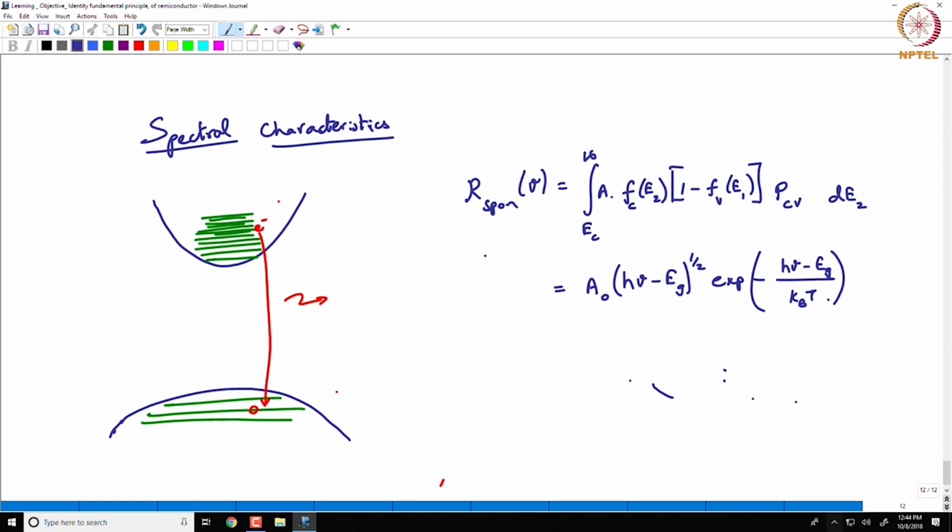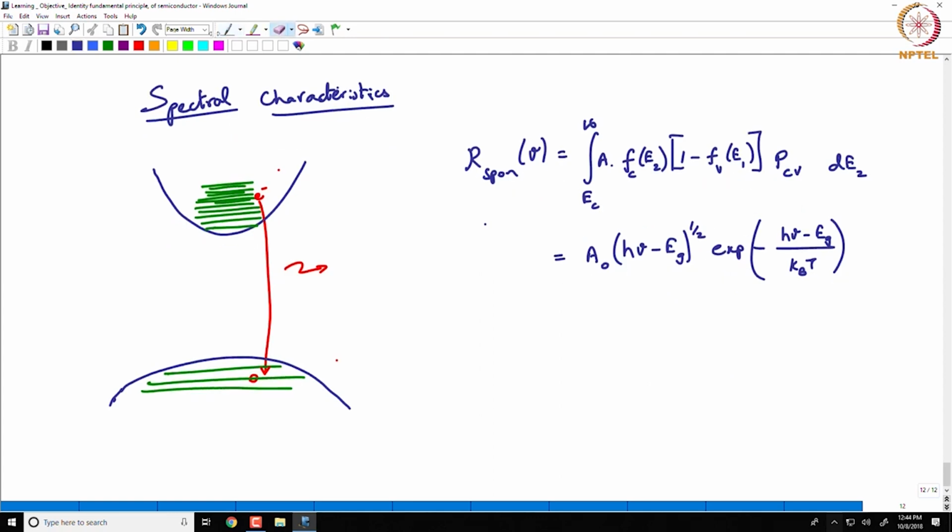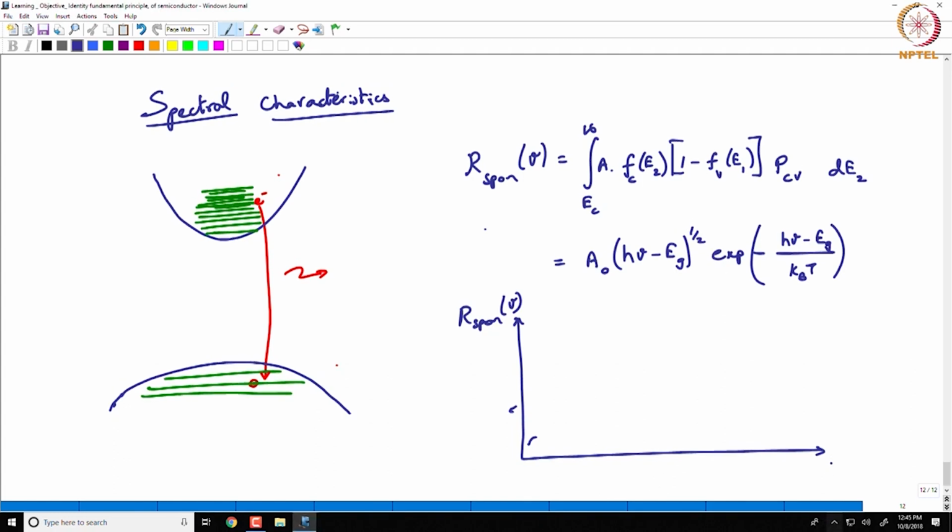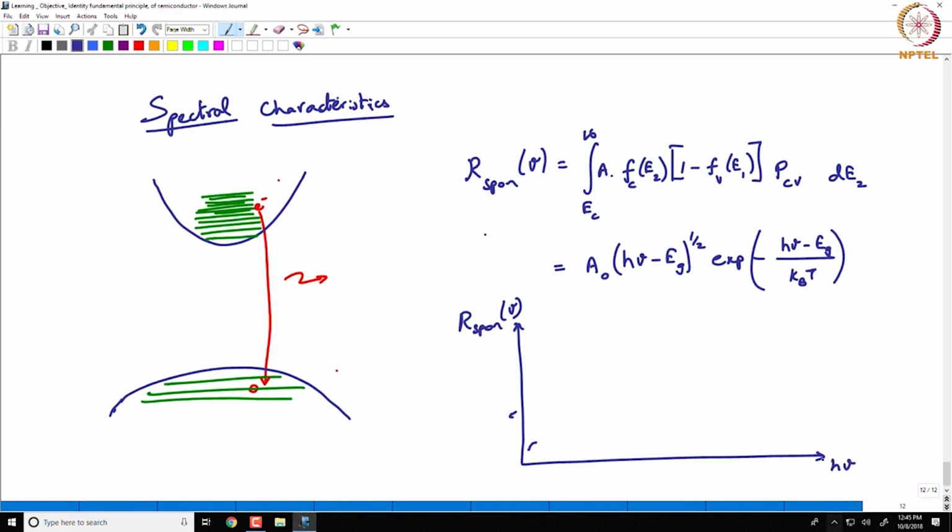And okay, so if I plot this spontaneous emission as a function of h nu, what I will see is that it is going to be something like this.